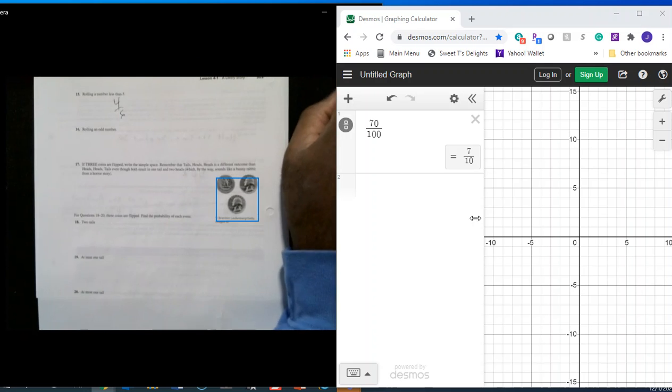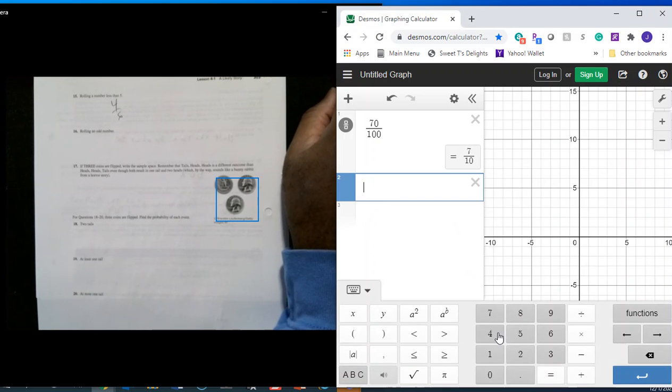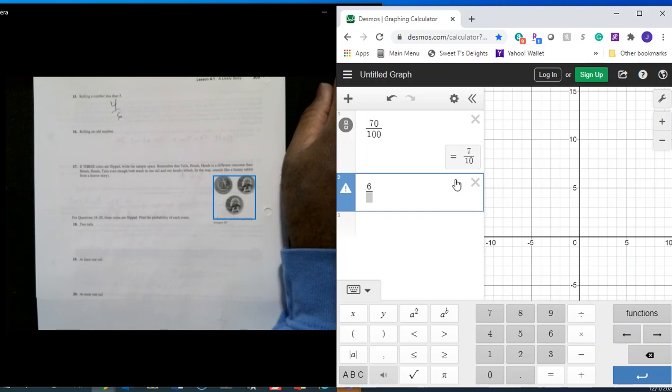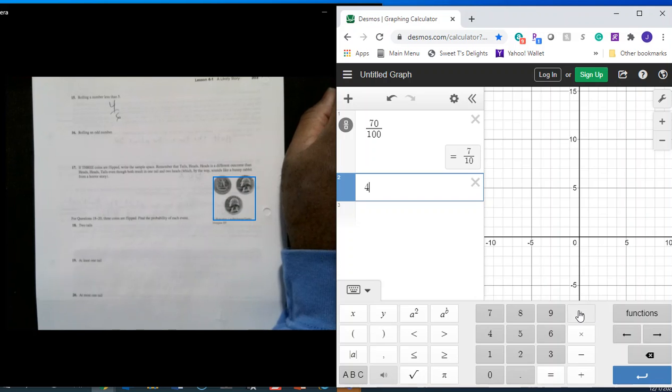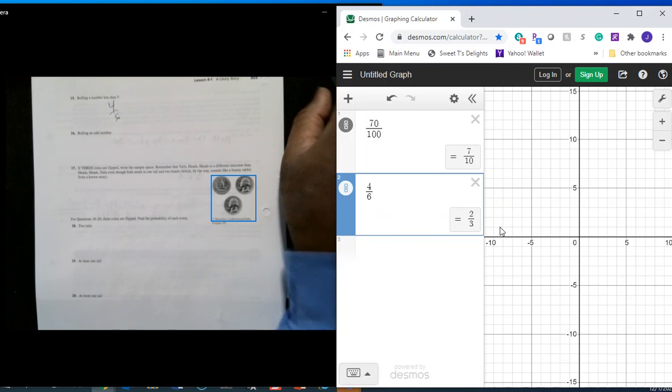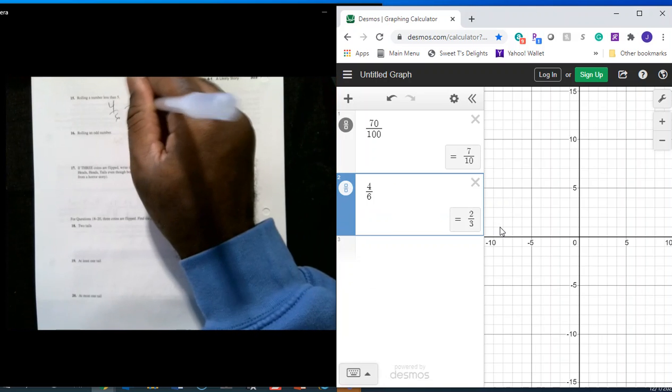And we can use our Desmos calculators if we have problem simplifying. So it'd be 4 over 6. Then we can hit this button here, and it'll give us 2/3.